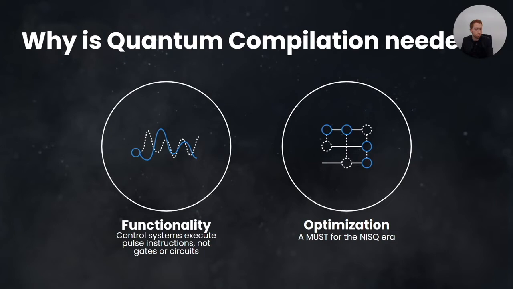The second reason is optimization, meaning the act of taking one circuit, one quantum program, and making it better, more optimized in some manner, for example, the depth of the circuit. This is a must for the NISQ era, as the qubits are short-lived and with low fidelities. And there are companies doing specifically this, as it's such a tough problem.